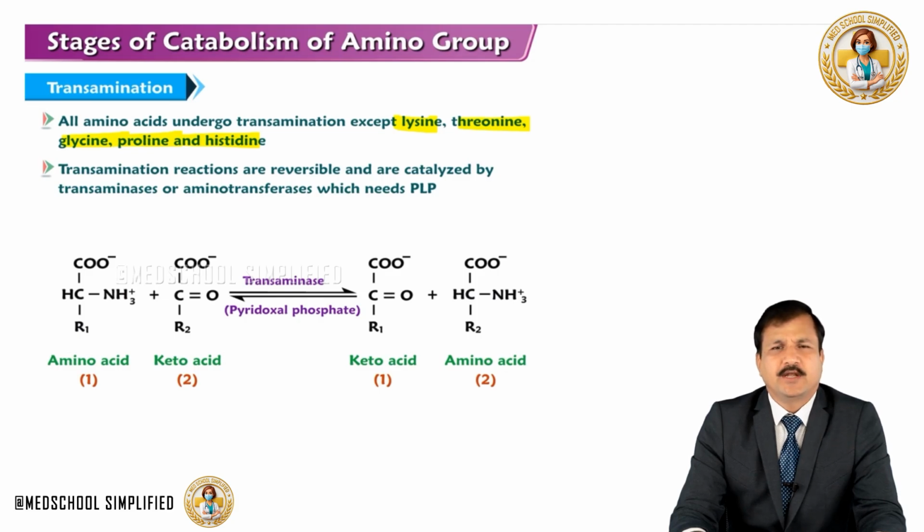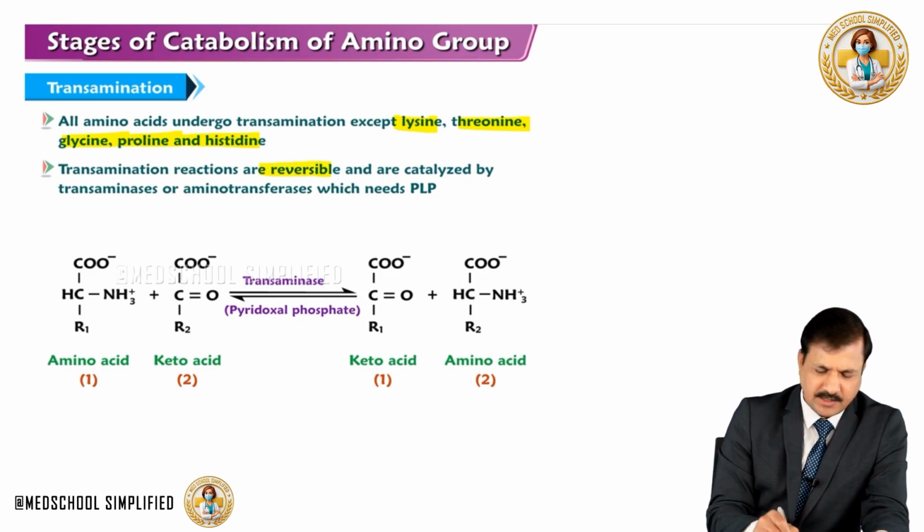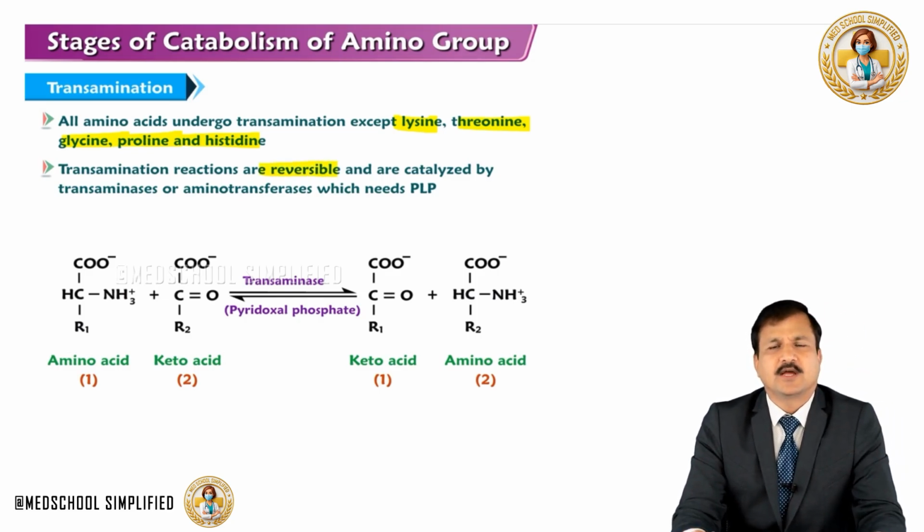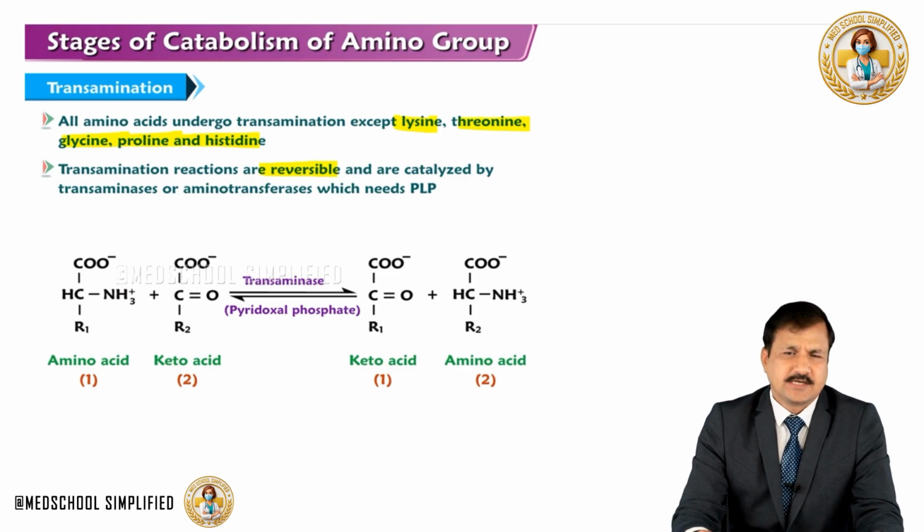And then the second point is all transamination reactions are reversible reactions conducted by specific transaminase enzymes, one for each one of the amino acids. Like if we are looking at alanine transamination, we have alanine transaminase enzyme. If you are taking aspartate transamination, we have aspartate transaminase enzyme. If you are considering tyrosine transamination, we do have tyrosine transaminase enzyme, like that.